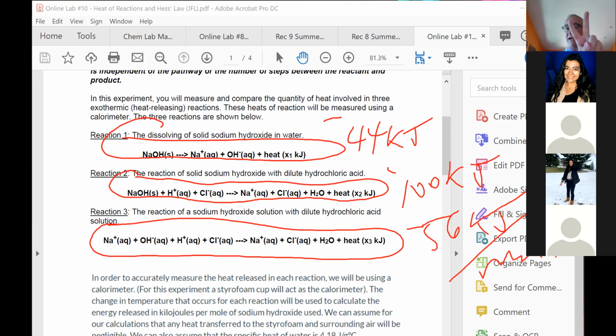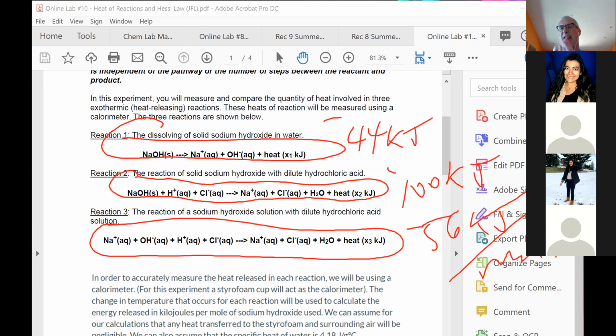Because reaction 2 is both reaction 1 and reaction 3 added together, because we've got two chemical reactions happening. In reaction 1, we did the dissolution of NaOH in water. The second reaction is both the dissolution of NaOH in water and the neutralization reaction. And the third one is only the neutralization reaction.